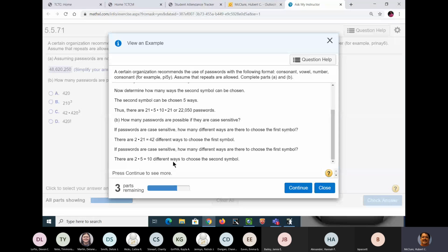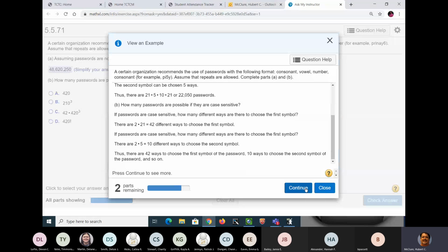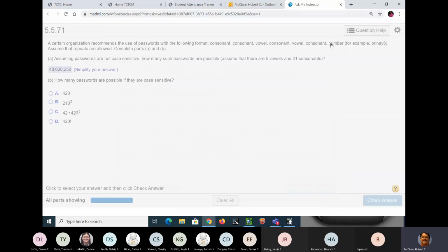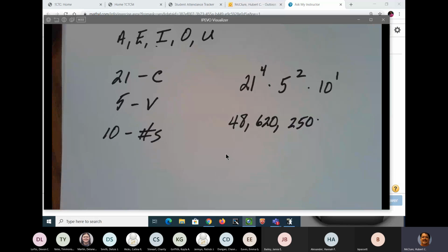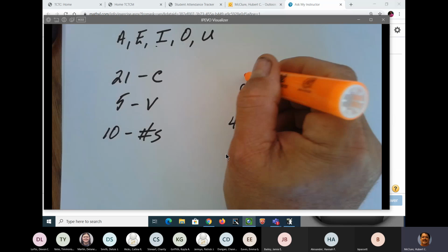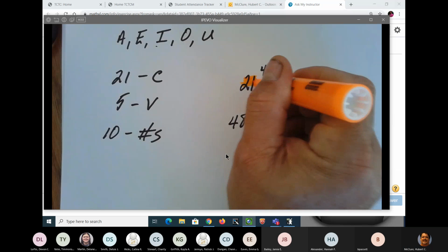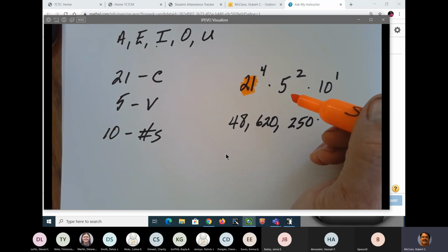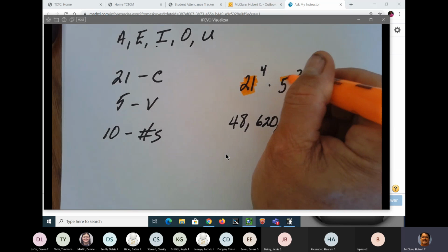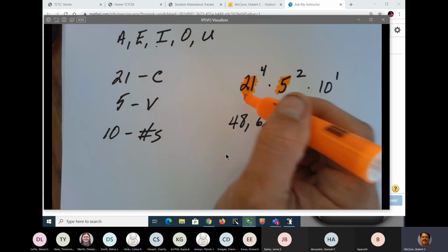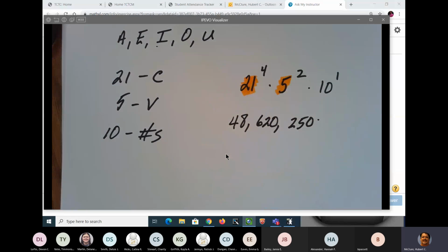The only thing different is these two guys. This guy's a consonant, and I keep wanting to say constant because I'm a math teacher, not an English teacher. And this is a vowel. So instead of 21, you've got 42 that you can actually use.